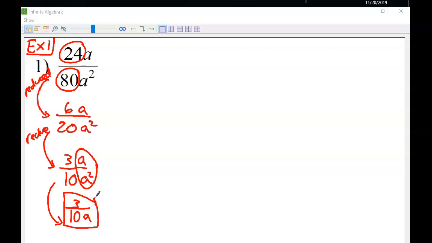If you guys are wondering why that is, many of you guys probably already know that, but just in case somebody's unsure, we have 1A on the top and we have A squared on the bottom, and A squared is A times A, right? So we're dividing here. So what's A divided by A? It's 1, right? And so you're left with 1 over A there.